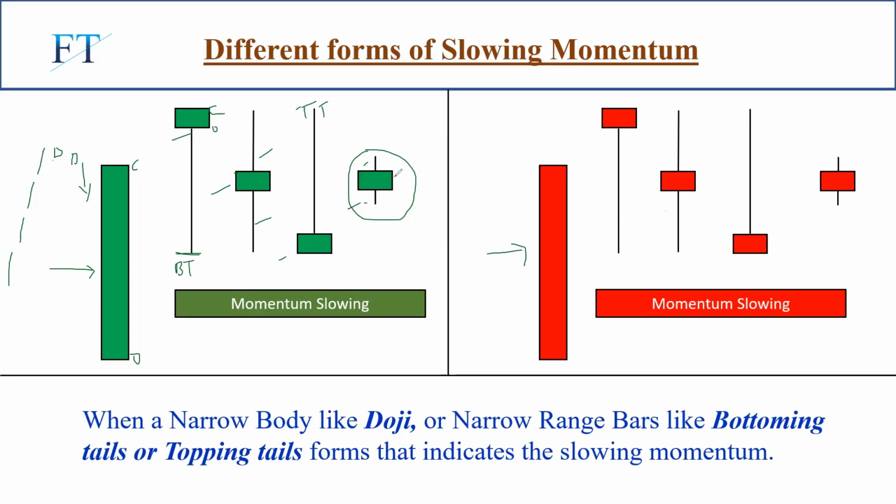So instead of a green narrow range bar, if you have a red narrow range bar, that is giving us a different scenario. Let's say the market was up, and instead of a green NRB, you have a red NRB here. That is telling us that the momentum is going to reverse soon.